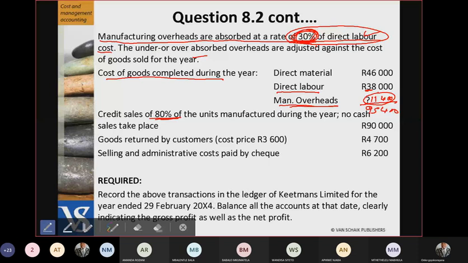Therefore, we need to go back and adjust our finished goods account. That's why you've been provided with that. Okay, out of what you finished, you must know that only 80% is being sold. So you need to calculate your cost of sales.